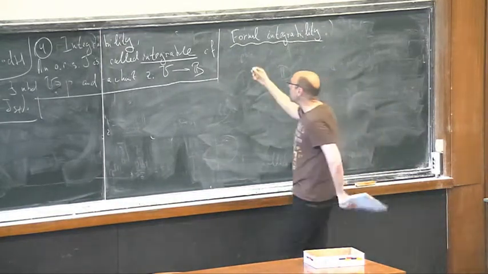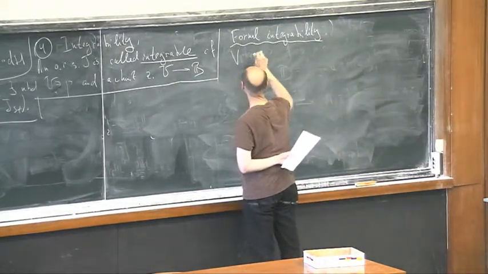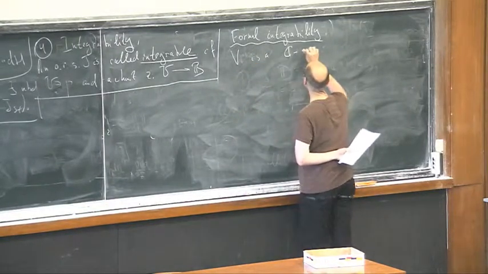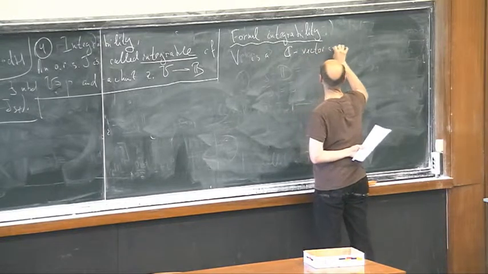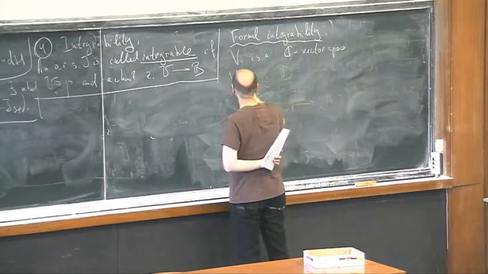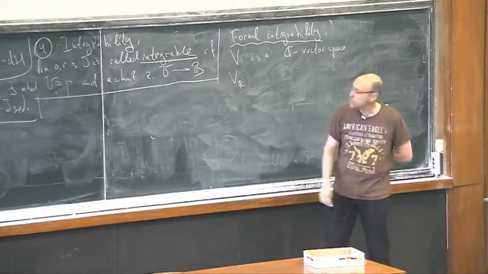Let me explain a little bit what it is. So first of all, let V be a complex vector space. Then I can consider V first as a real vector space.